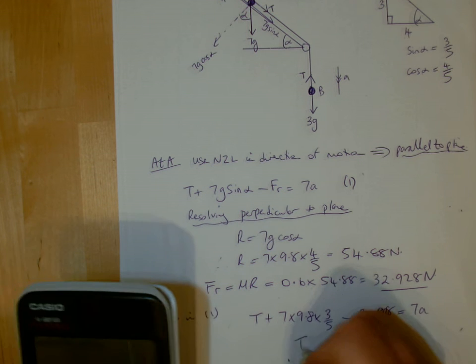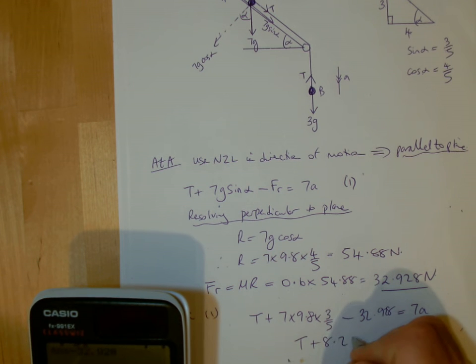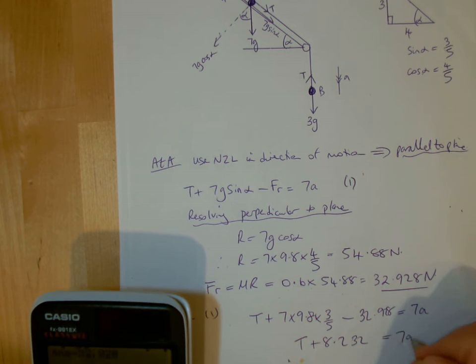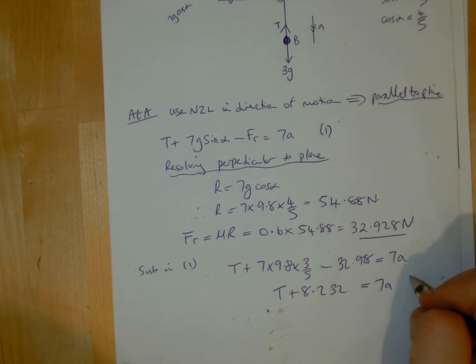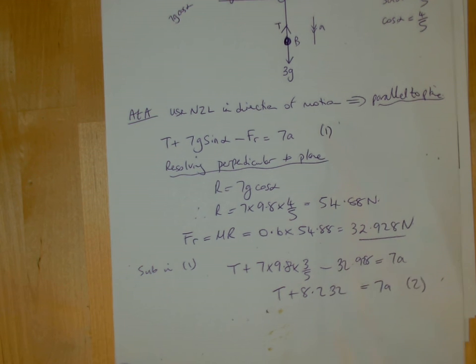So I get T plus 8.232 equals 7a. That equation is going to be important. We call that equation 2, because I've called the first one 1.